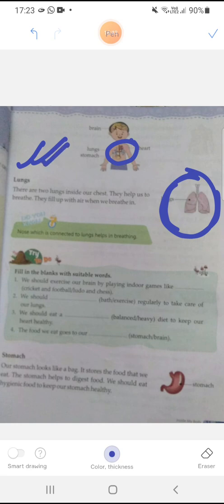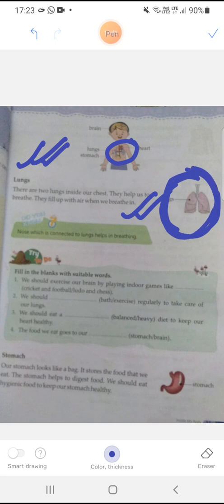There are two lungs inside our chest. They help us to breathe. They fill up with air when we breathe in, and they also refresh the air that we breathe in. So this is the work of the lungs.